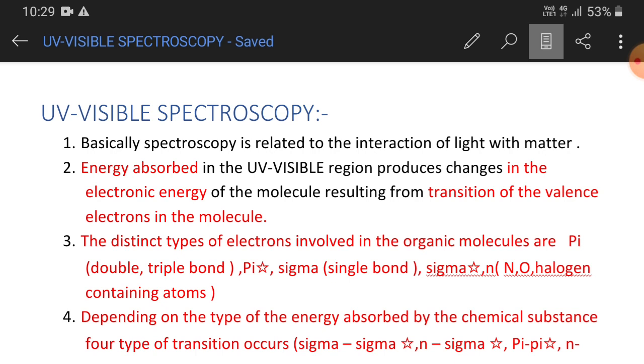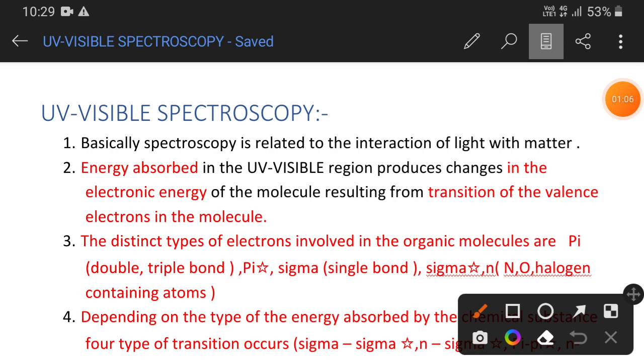Okay, so now you may think, what is the utility of that process? So spectroscopy can help us to identify which kind of compound it is. Suppose you have a solution and you suspect that inside the solution you have a compound A, but you cannot make out whether it is A or not.